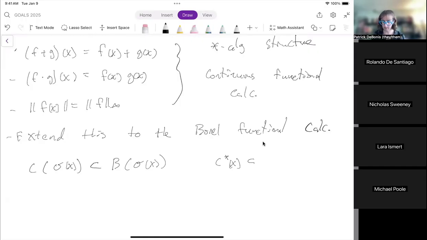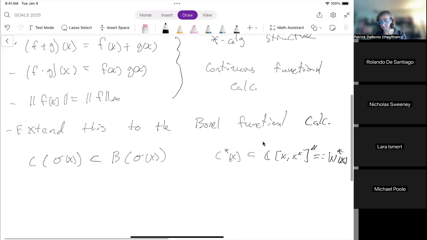You look at the polynomials in X and X star and in one, and then if you take its double commutant, that is what we define to be the W-star algebra, the von Neumann algebra of that element.